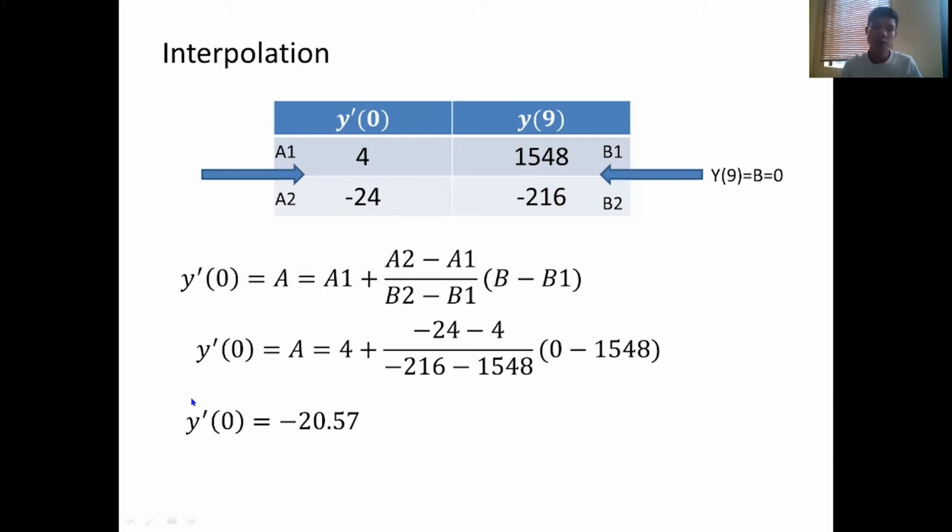So now, using the interpolation, we solve for another shot. Let's call it our another shot, but this time this shot is guaranteed to be closer to the value of y9 equals 0. It might be equal or closer to y equals 0 because it is just an approximation.